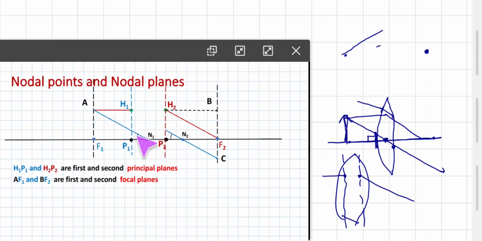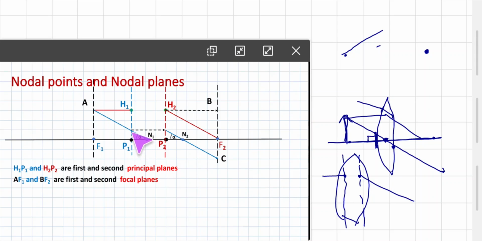Remember that the angle made by this ray with the optical axis is alpha, and this is also alpha. That means there is no change in angle, and that is why the ray goes straight. So this and this have equal inclination, and the ray passes straight.